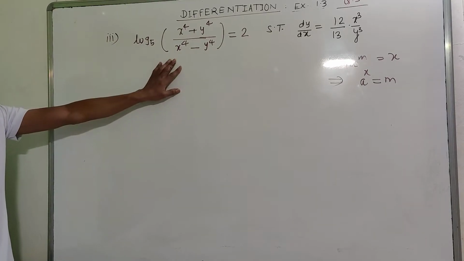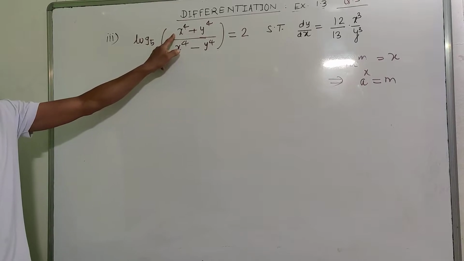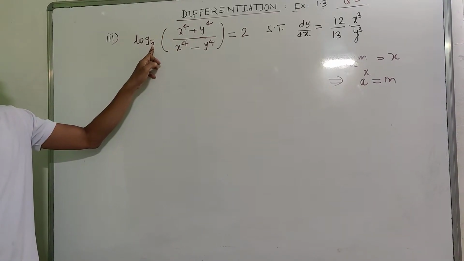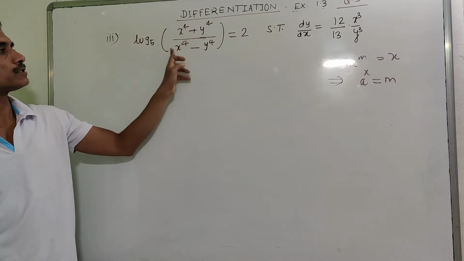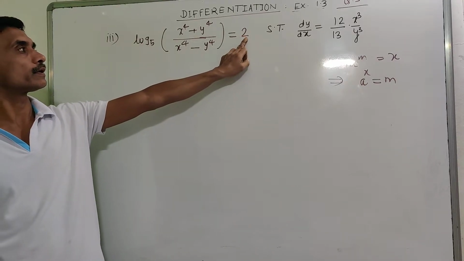Now compare this with this. Here log of m to the base a is equal to x, so m is equal to a raised to power x.